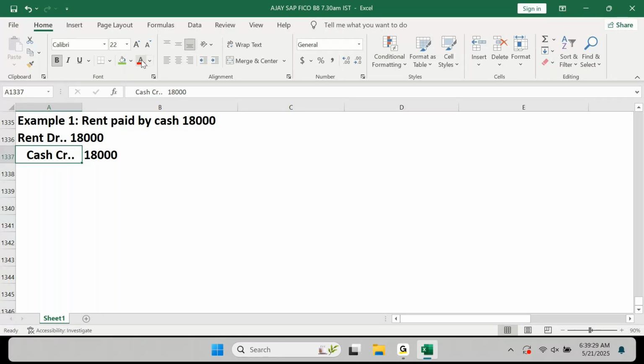Now to bring this into SAP, what we need to do? Rent, I cannot write the account name, right? I need to put an account number. First of all, rent is what? Is this a GL, customer, vendor or asset? GL.